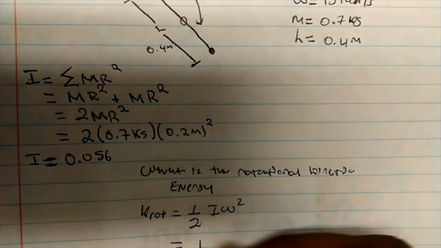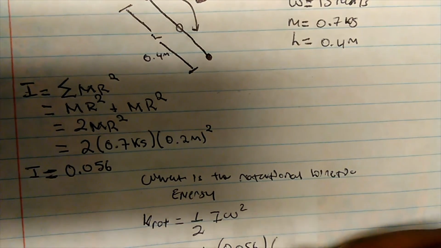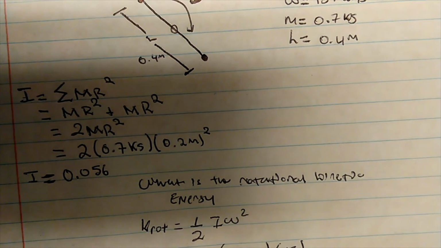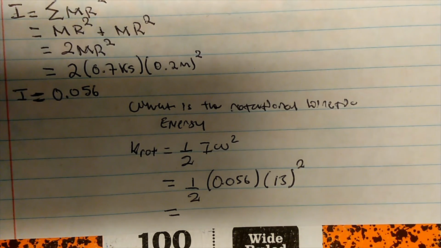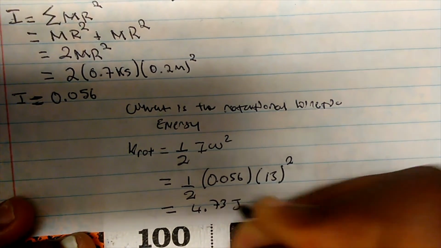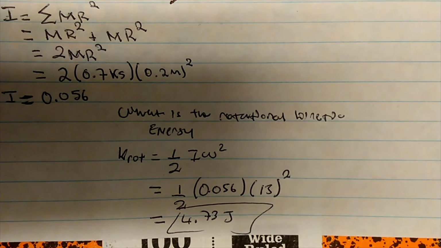So this now becomes a plug-in. If I take 1/2 times 0.056 times, well, what's my omega? 13. I'm not going to worry about units as yet until I get my final answer. So this becomes 1/2 times 0.056 times 13 squared, and so this becomes 4.73 joules. Okay, because that's our kinetic energy.